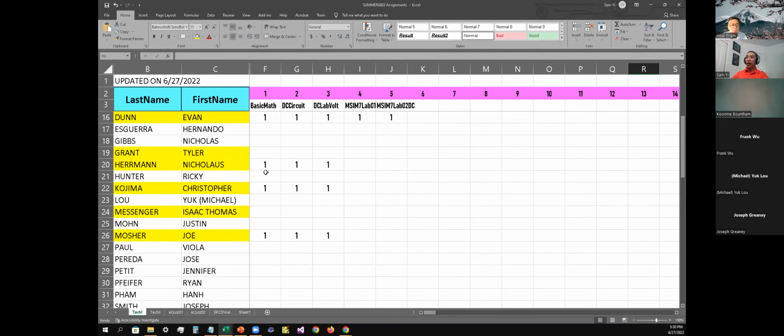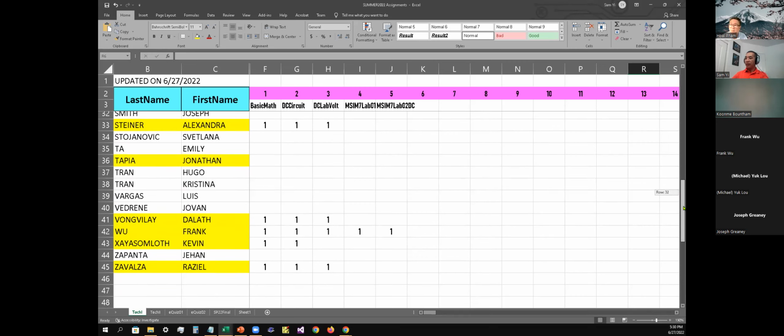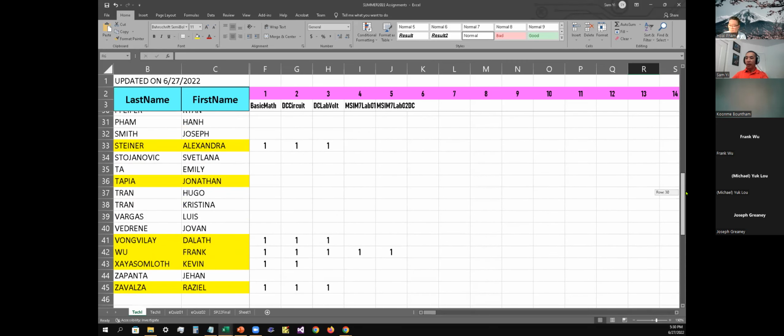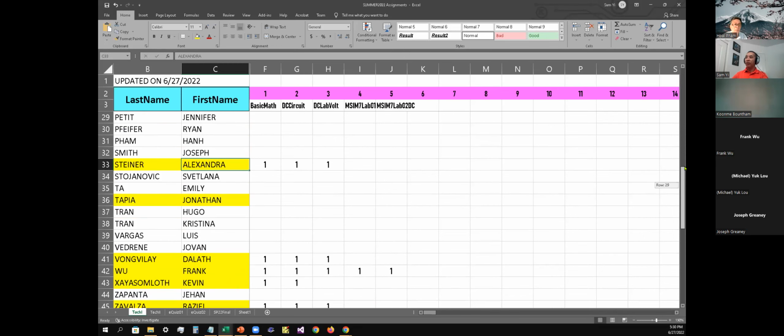Okay, and Nicholas and Christopher, Joe Moser, Alexandra, and then Dallas, Frank, Kevin, Roselle. Those are the brand new students highlighted in yellow. It looks like everyone was able to successfully upload the assignment to the website.